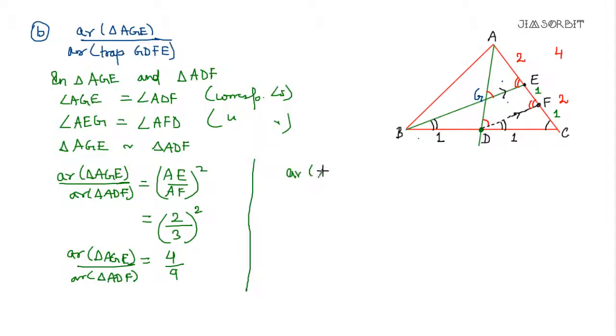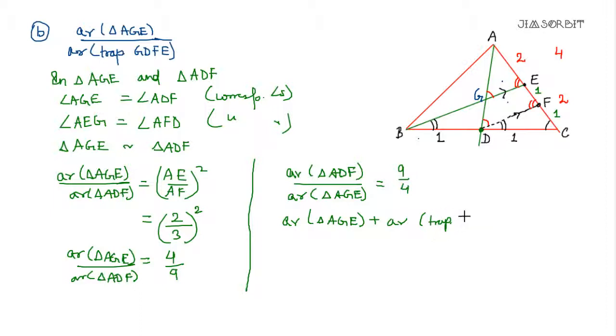Area ADF upon area AGE is 9 by 4. Why did we reciprocate? Because you want the trapezium, not the triangle ADF. But triangle ADF is made of AGE and GDFE. So I'll separate these two areas: AGE and trapezium GDFE. Area AGE plus area trapezium GDFE upon area AGE is 9 by 4.